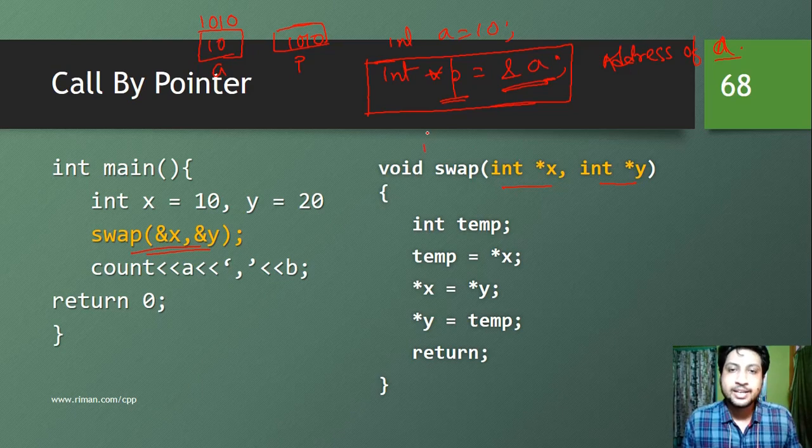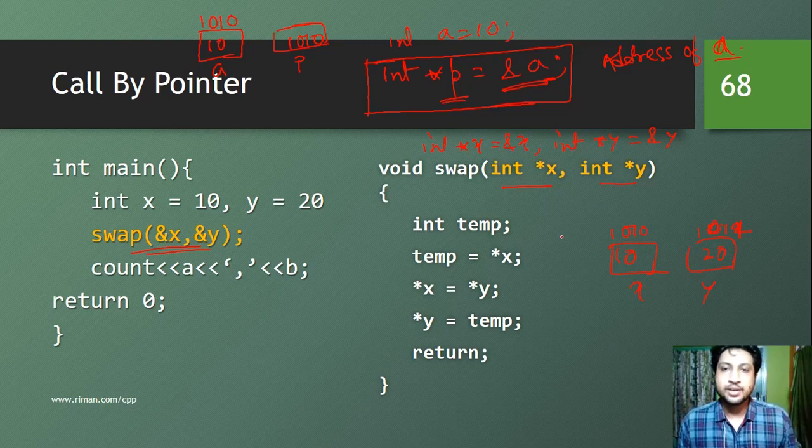What is happening internally here? int *x = &x, and int *y = &y. That means in memory, suppose x = 10, y = 20, and we have their memory addresses 1010, 1012, or 1014, suppose.